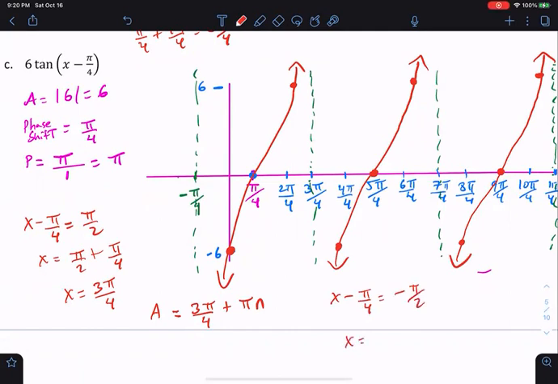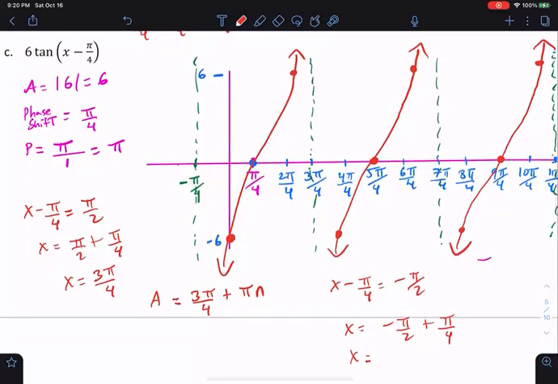Add pi over 4 on both sides: negative pi over 2 plus pi over 4. So you multiply by 2 here, and you get the next one, right? Or you can use 3 pi over 4 as another asymptote if you want, doesn't matter. So this is going to be negative 2 pi over 4 plus pi over 4. So that's going to be negative pi over 4. So the other one can be negative pi over 4 plus pi n, right? And that's it. Those are the asymptotes.